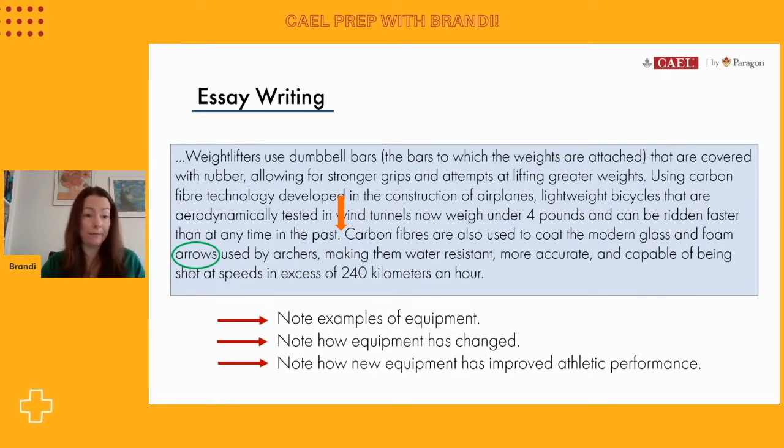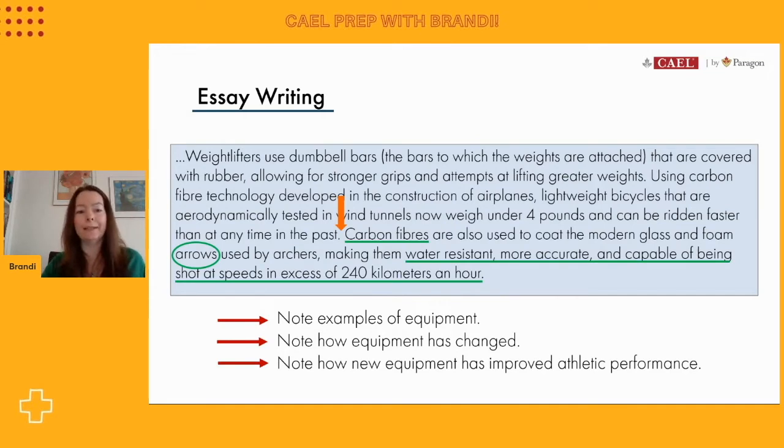So I guess from what we read here, these arrows are using the exact same carbon fiber technology that the bicycles use, by the looks of things anyway. And because the carbon fiber coats those arrows, it simply allows these arrows to be shot much more quickly from the bow as they're released, faster than 240 kilometers an hour. So clearly a huge improvement here in the athletic performance in this sport.